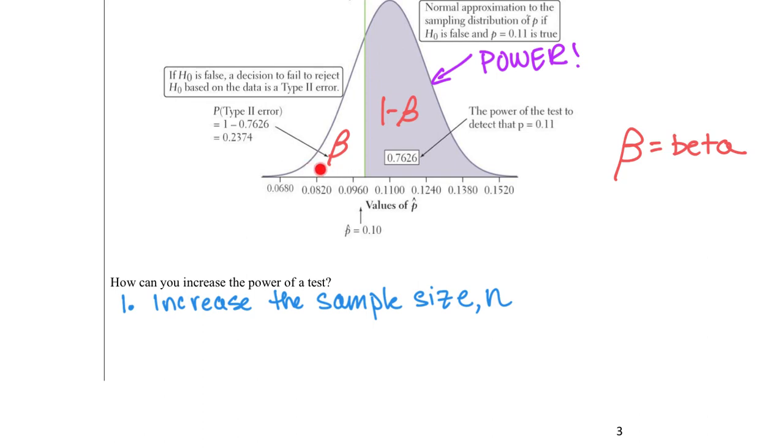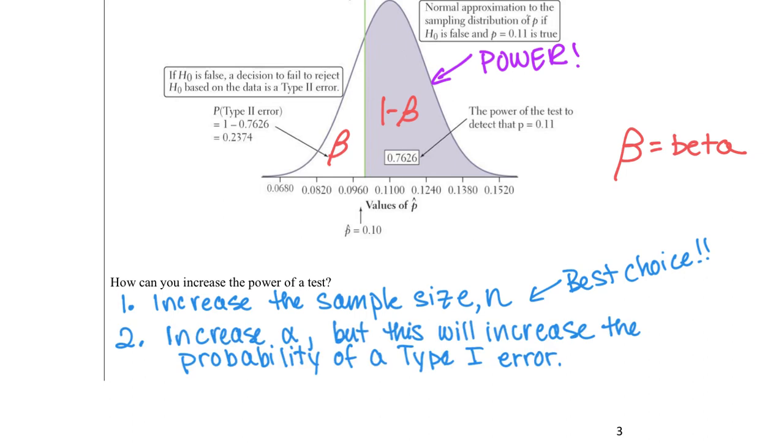And what that's going to do is it's going to bring all of this in tighter to the true proportion. It's going to reduce this area of beta if we can get closer to the true parameter. Of the 3 options I'm going to give you, this is by far the best and easiest way to increase your power, but there are 2 other ways.